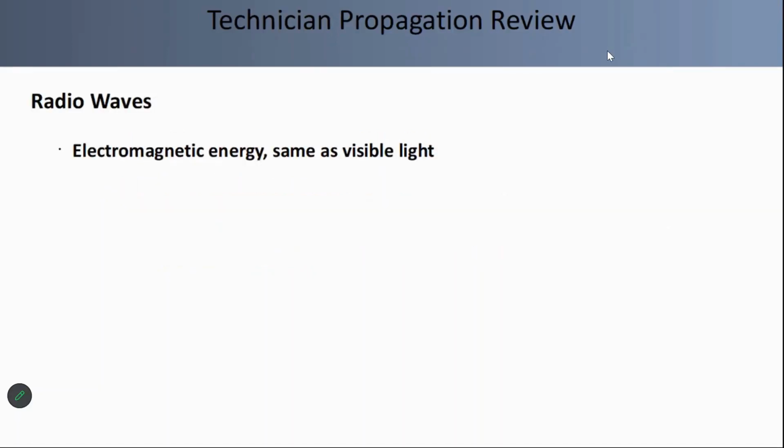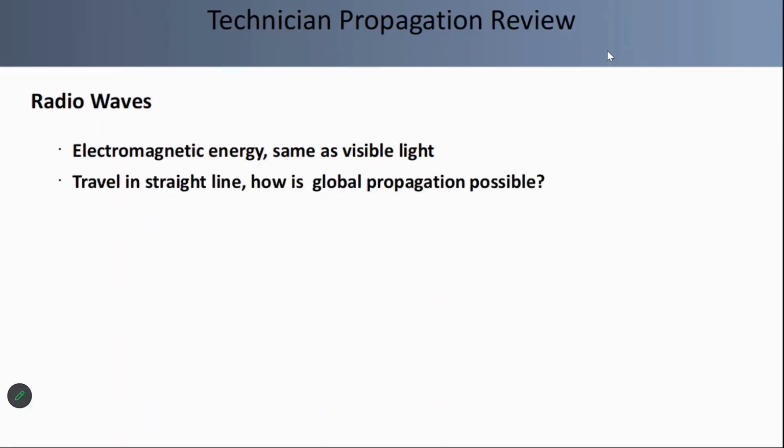A quick review in this regard too. Radio waves are electromagnetic energy, the same as visible light, just at a different frequency and wavelength. And electromagnetic waves typically travel in a straight line. So if that's the case, how is global propagation possible?